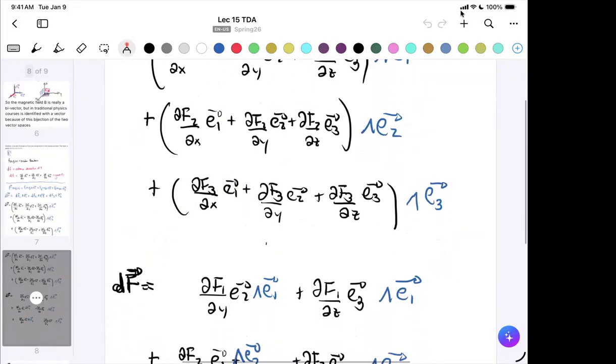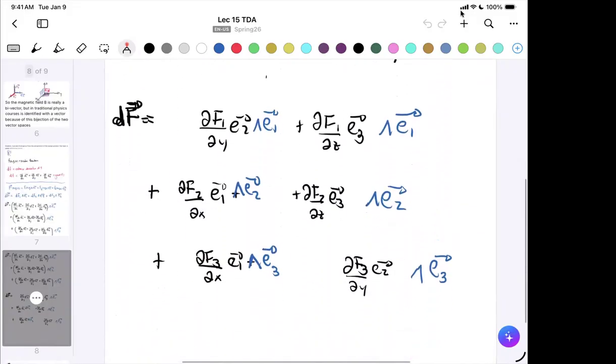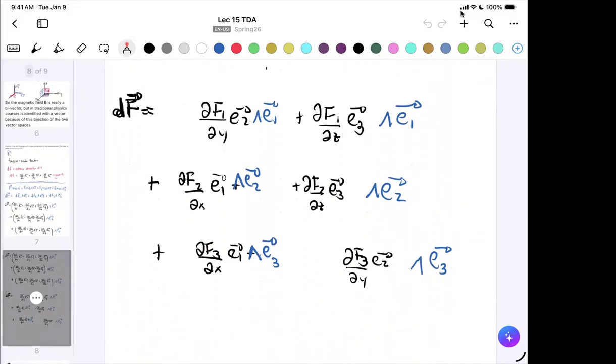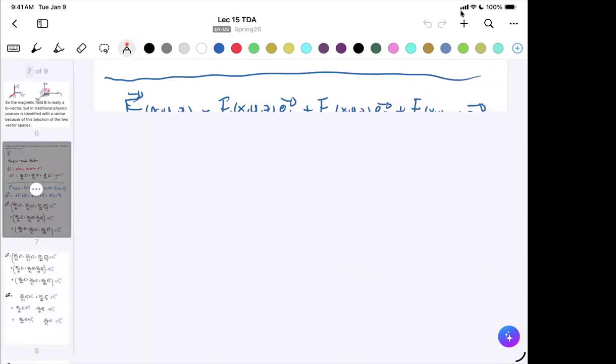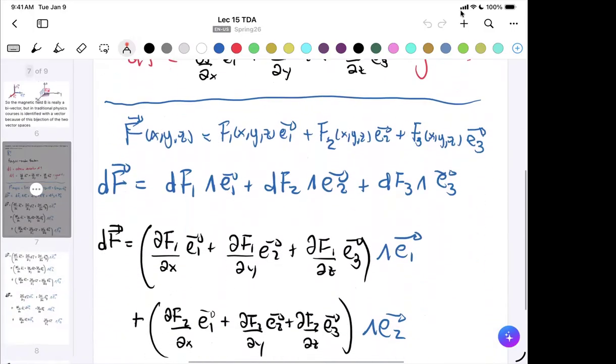Oh, okay, yeah, which is what you see here. What happens, and this is what I was saying a bit earlier, is that when you do e1 wedge e1, you don't see that one because it's a wedge of a vector with itself.